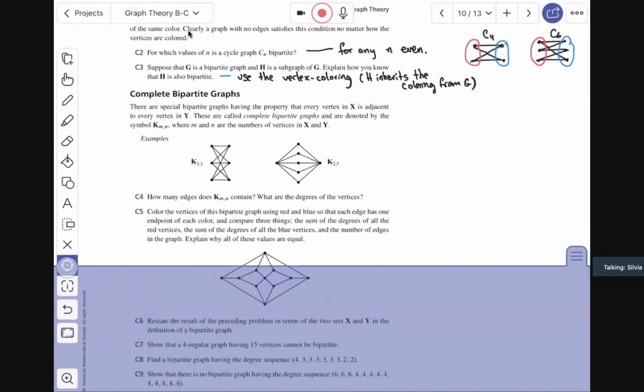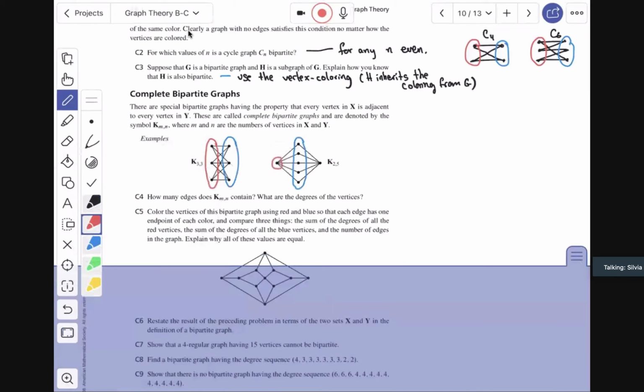Okay, so here there are some examples of those complete graphs that I defined before. So this is K33 because everything on the red component is joined to everything on the blue component. This one, even though it's drawn a little differently, that's my blue component and my red component, and everything red is joined to blue, and vice versa.